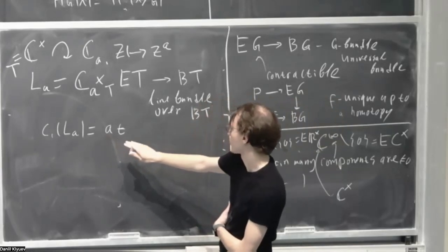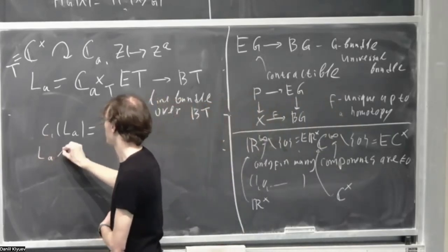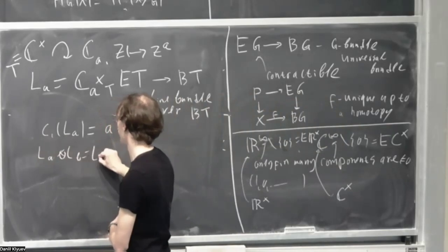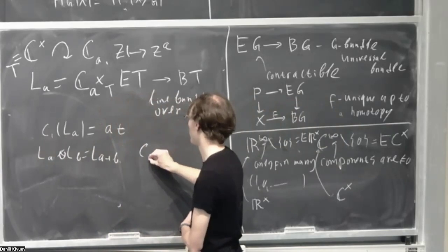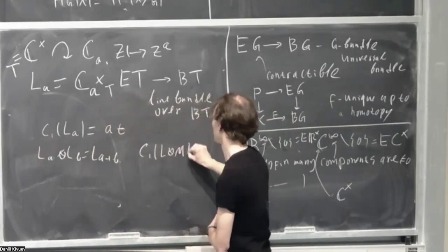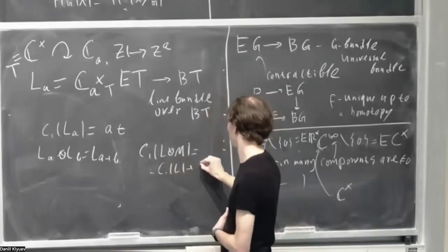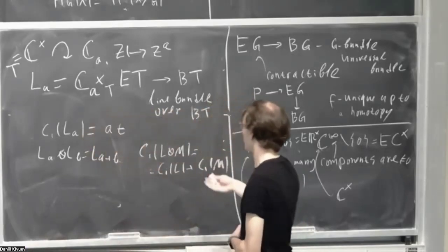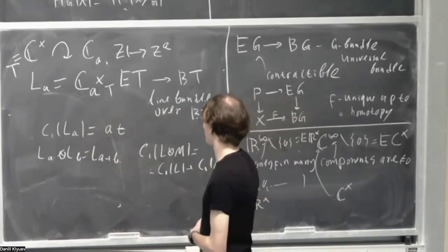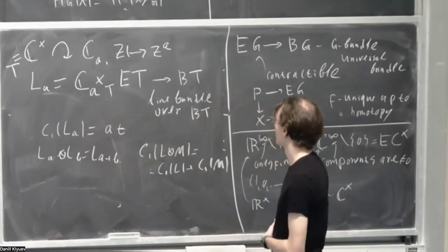I'll describe properties of Chern classes later, but it's not hard to check that L_A tensor L_B is L_{A+B}, and c1 of L tensor N is c1(L) plus c1(N). So it's something that can be proved using properties of Chern classes.